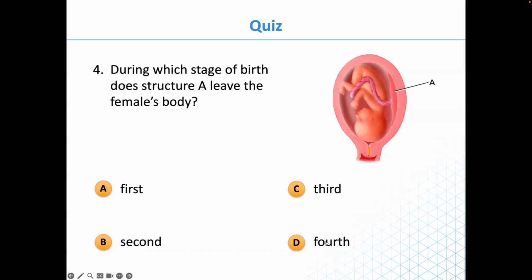There's also something I need to mention to you. When a baby has been born, they usually bring the baby to a lower level compared to the mother. They will not raise the baby up. Can someone tell me the reason? They want more blood to flow from the mother's body into the baby's body.